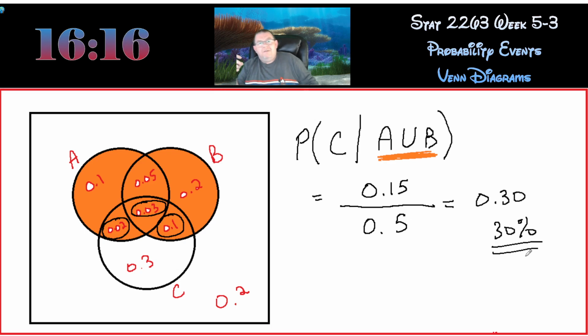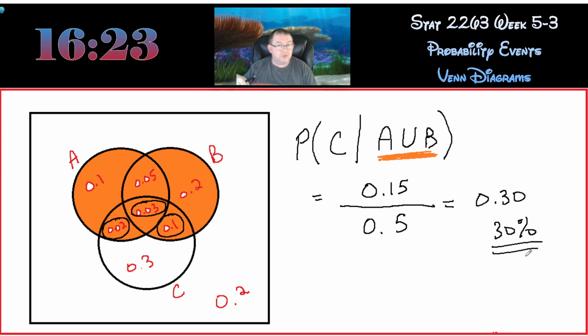So if I said that A union B was like either you're a smoker or a narcotics user, and then I'm asking for the probability of having a long-term COVID side effect, then the probability, if this data was real, of having a long-term side effect of COVID, given that you are either a narcotics user or a smoker, is 30%. And so that type of question is what we can answer really, really well.